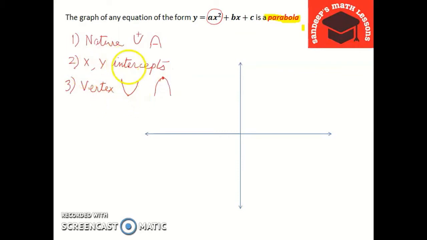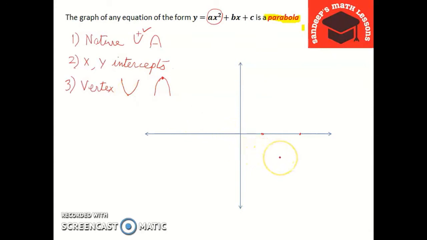Now if we find out all these 3 things, it becomes very simple to draw the graph. Why? Say I know that the graph crosses the x-axis at this place and this place, and it opens upward. So definitely the vertex will be somewhere down.